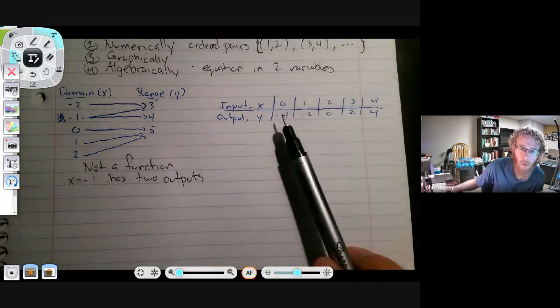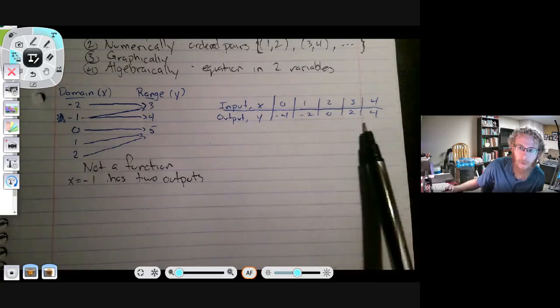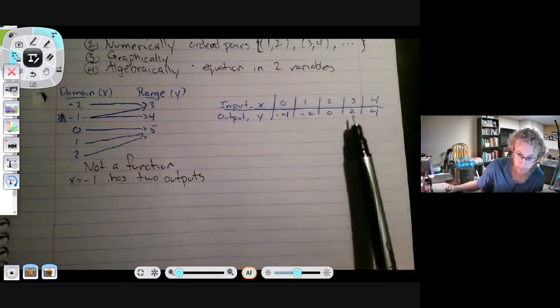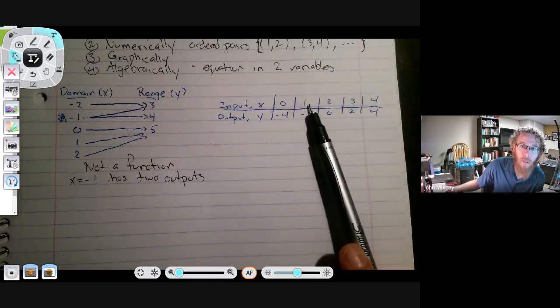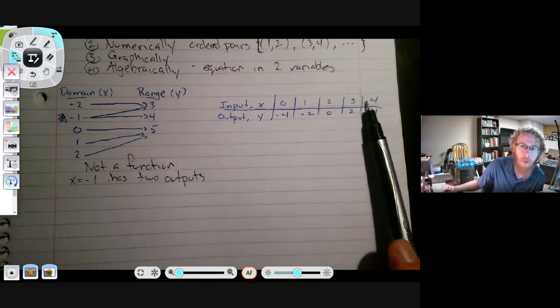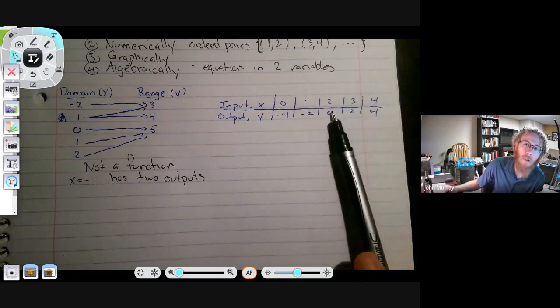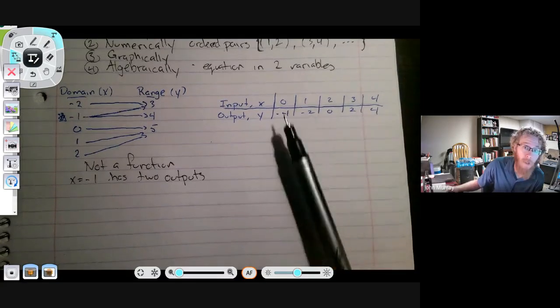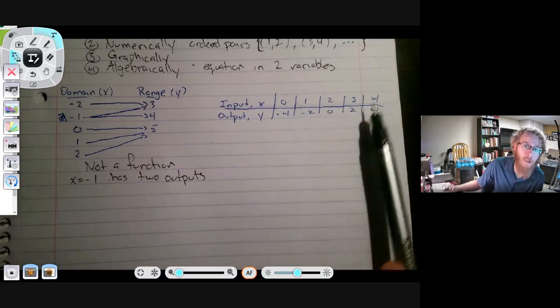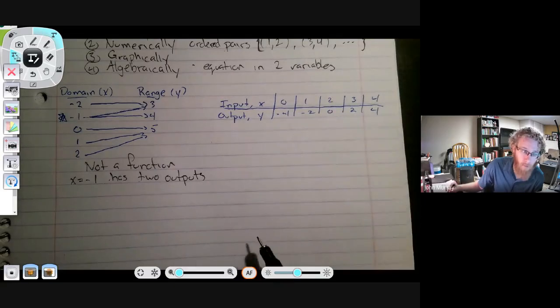Going over to this table, again, we see maybe a pattern. But what you're looking for is whether any of my x values repeat with a different number. Do we see that here, or does each one of these have one separate output?